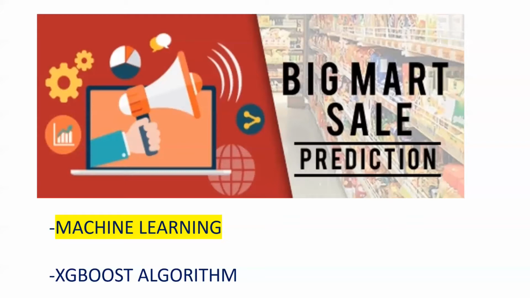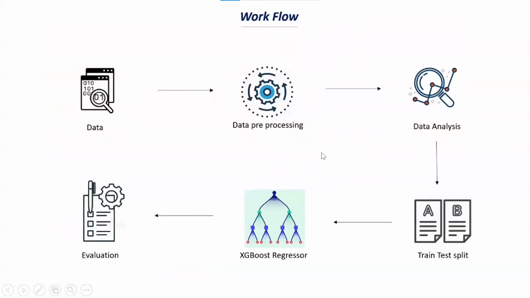So let's understand the workflow. So first we need to get the data for this project. We are going to use big market sales data. So once we have this data, there is a lot of pre-processing to be done, like encoding the categorical features, etc. After that, we need to analyze the data.